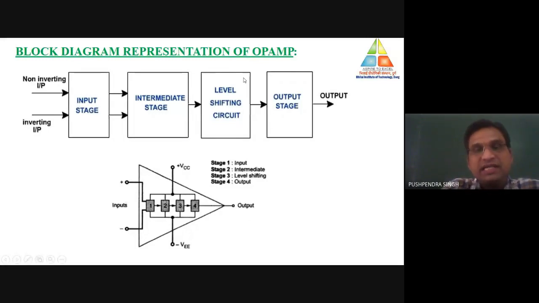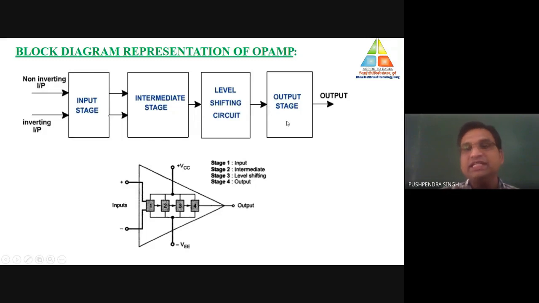So whatever DC signal has been amplified in stage number 2, that will be brought to the 0 level with the help of this level shifting stage. So the level shifting stage will shift the level of the DC voltage from any other voltage to 0. That is the basic purpose of the level shifting stage.